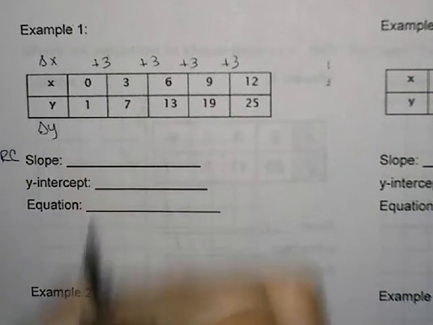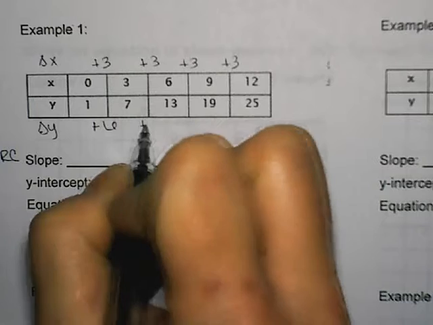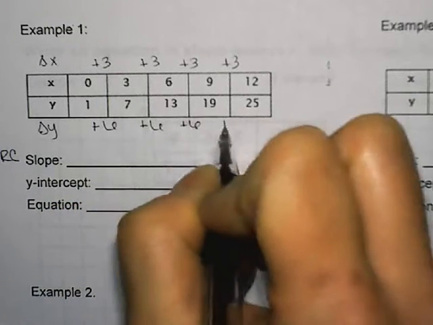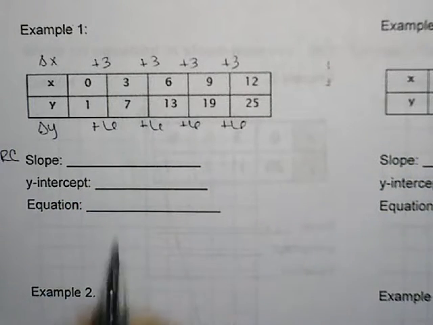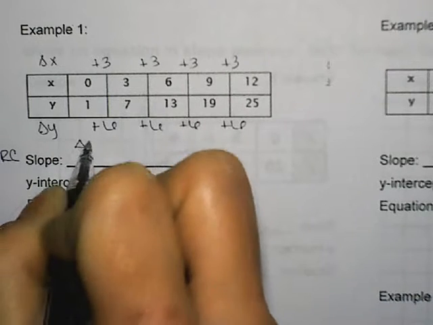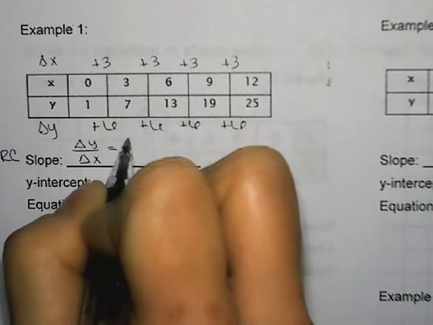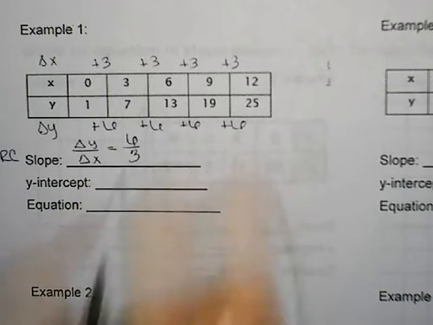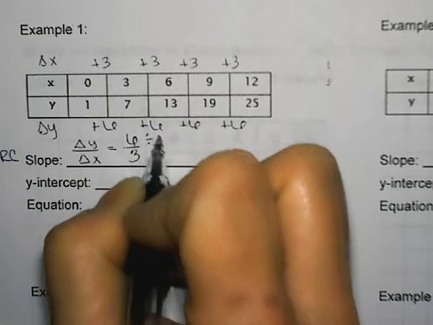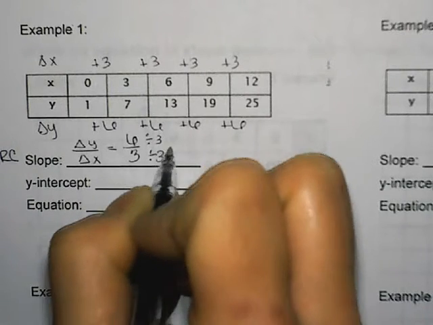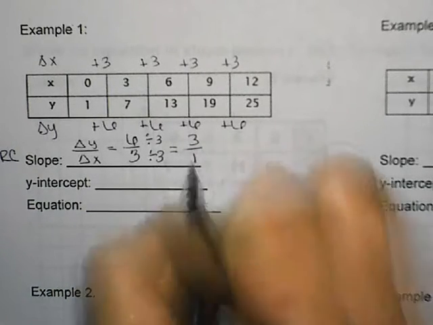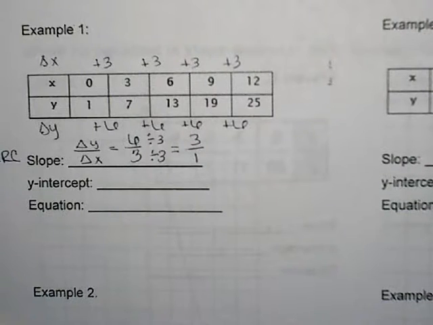The change in y is adding 6. So our slope is the change in y over the change in x, 6 over 3, simplified by 3, and our slope is 3 over 1.